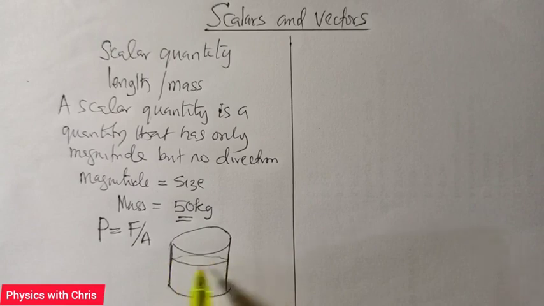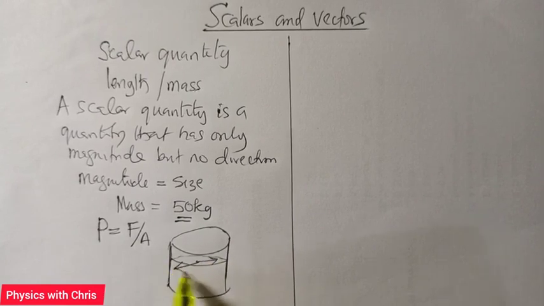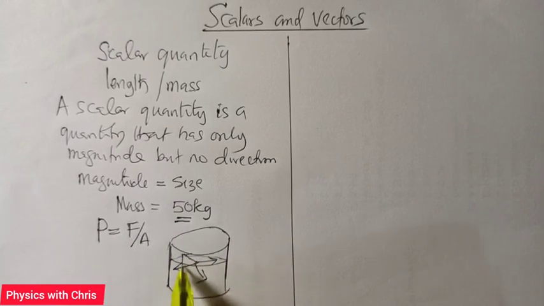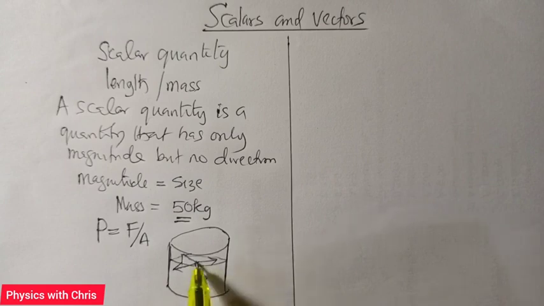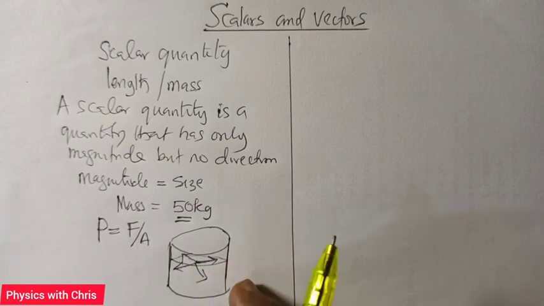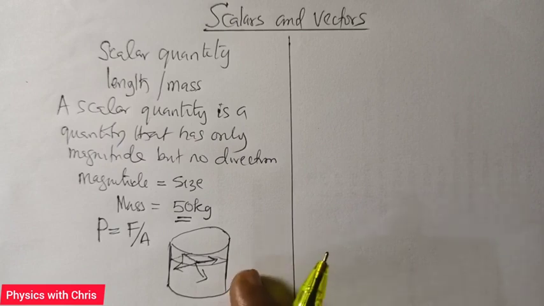A vector quantity should have a specific direction of action. So since pressure acts in many directions, we classify it under scalar quantities.